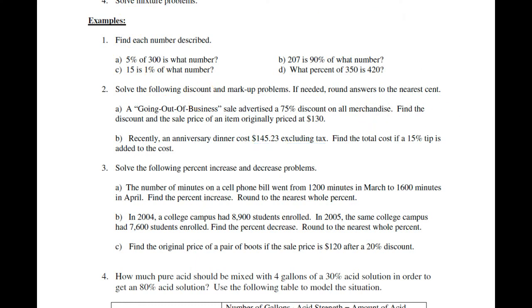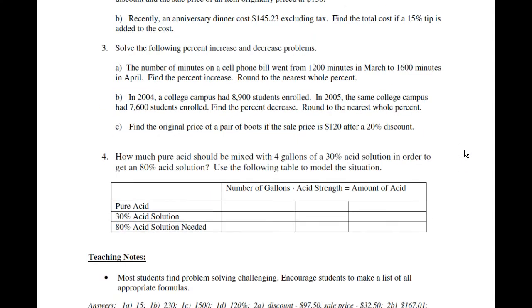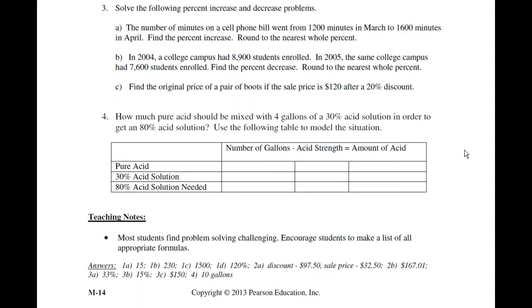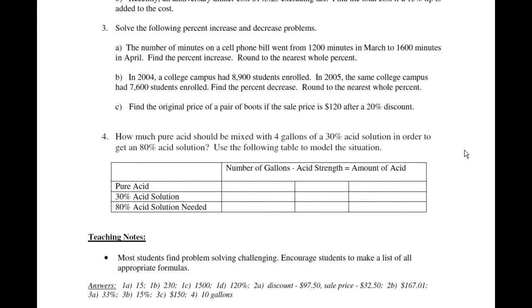All right, let's move it up a little bit. I will read over number 3. Now in number 3, they're looking for percent of increase and percent of decrease.